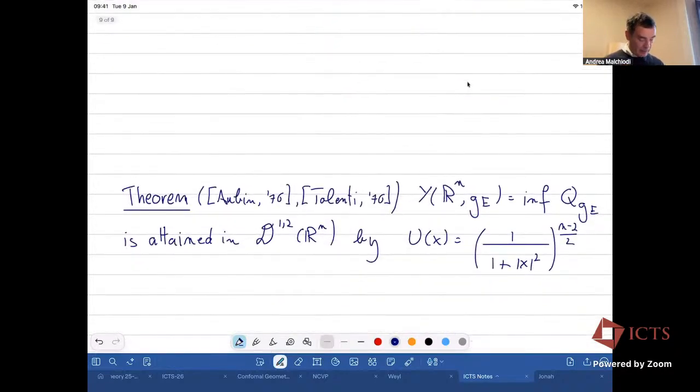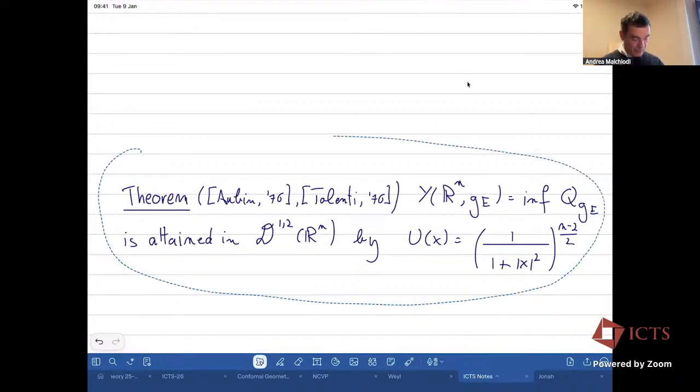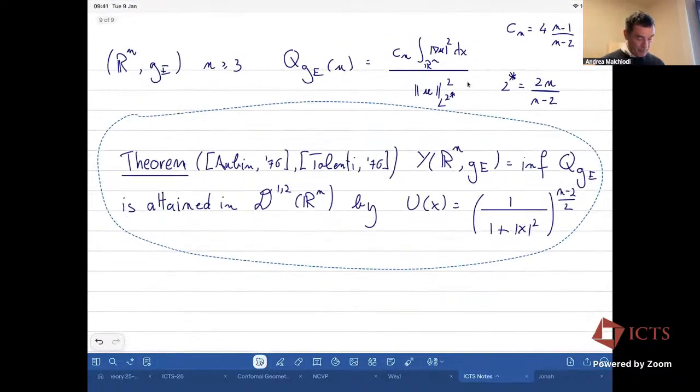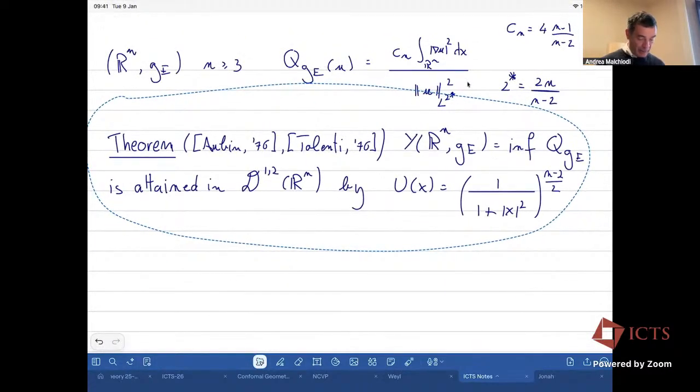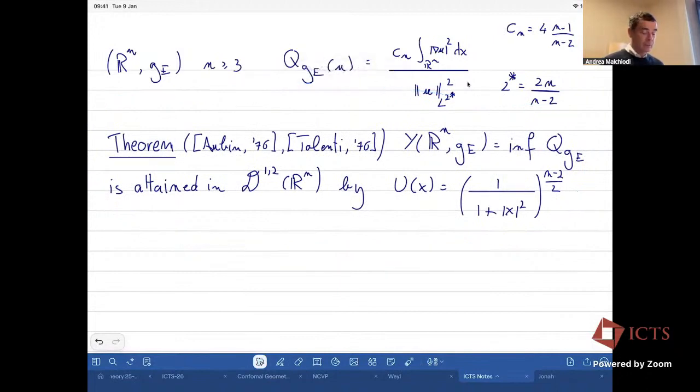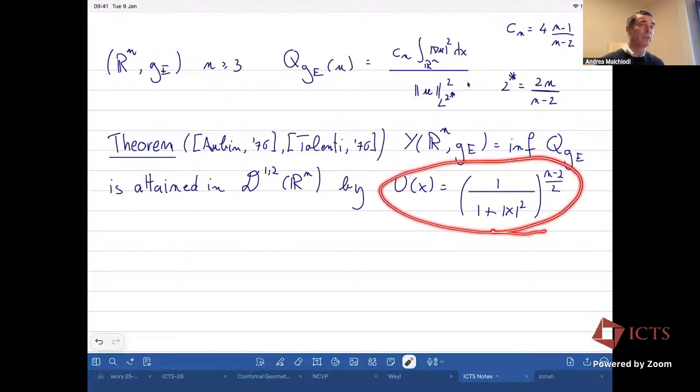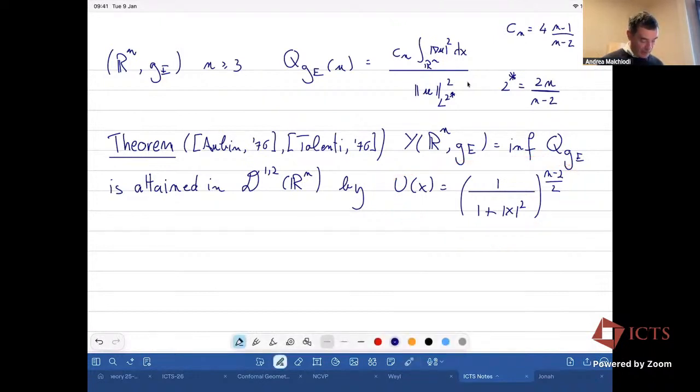Okay, and yesterday I gave an idea about the proof of this theorem by Aubin and Talenti. So in R^n, there are extremals of this Sobolev quotient, and a family of extremals are this function u and its dilations in lambda. So I defined u_lambda of x as lambda to the (n-2)/2 times u of lambda x.